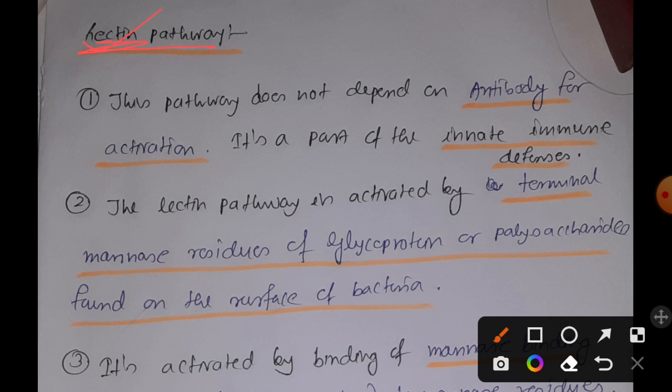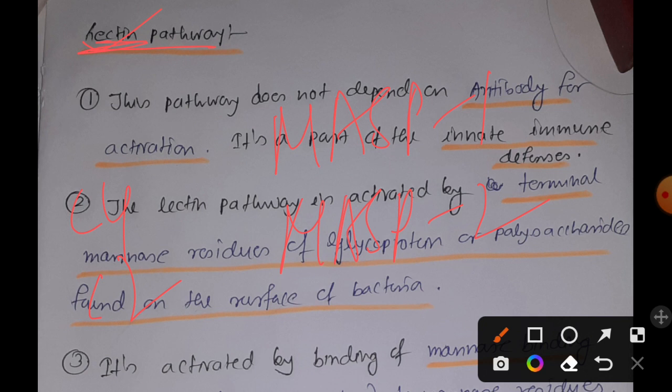Upon binding of the mannose binding lectin, two serine proteases named MASP1 and MASP2 will be activated, and upon their activation, they will cleave C4 and C2 into C4b and C4a and C2b and C2a.